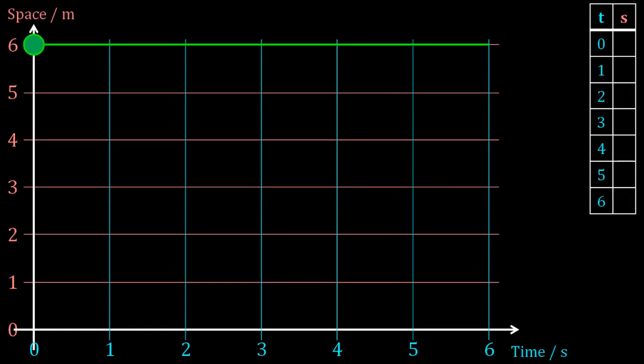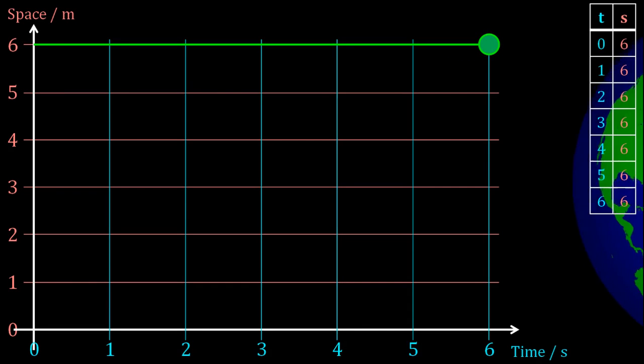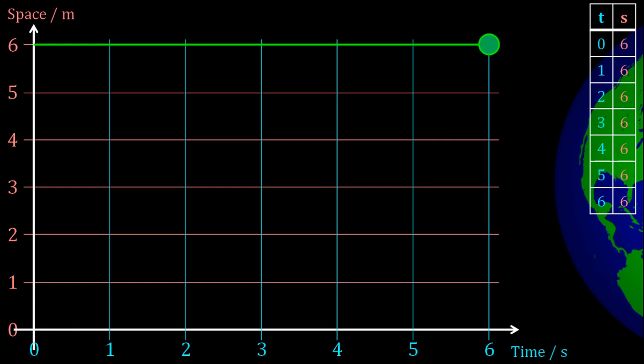The best way to think about this is with a distance time graph. This particular graph is that of a stationary object in non-distorted space. It traces out a horizontal line. As time passes, its position remains unchanged. Let's say it stays 6 meters away from some arbitrary point. Now we'll bring in a planet with a mass large enough to cause distortions.